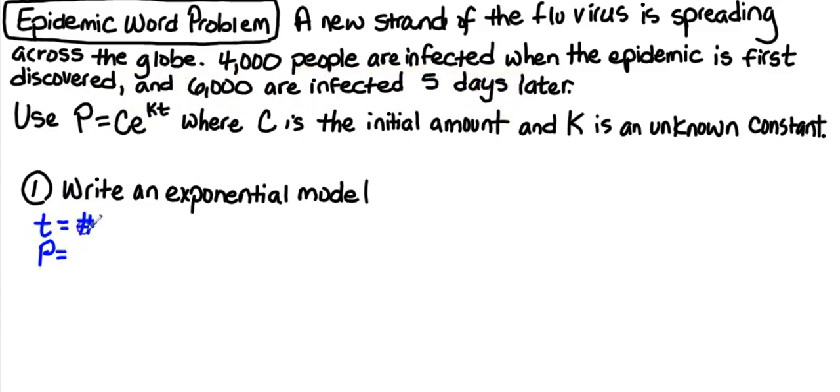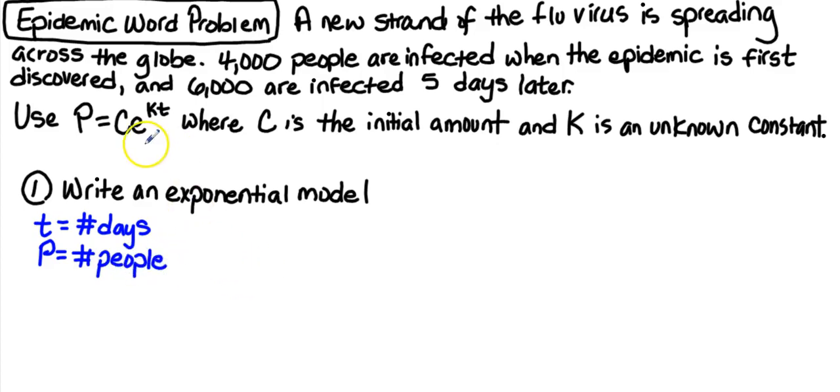So t will be number of days. P will be the total number of people. Our output is always the total being modeled by the scenario, and in this case we're talking about the total number of people being infected. So P is number of people.